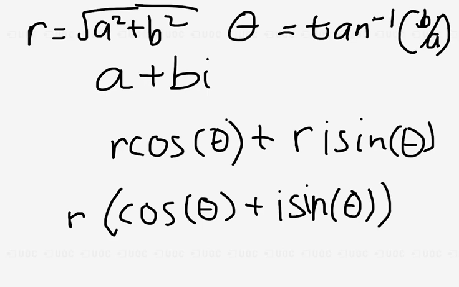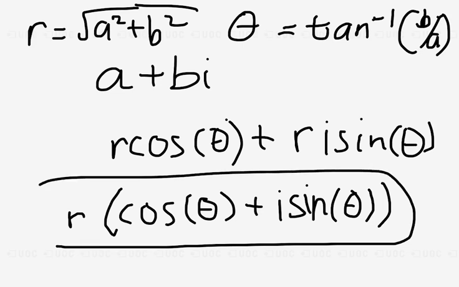I haven't substituted r and theta yet, but I will soon. If you look at this, cosine theta plus i sine of theta is actually Euler's formula. This thing is equal to e to the i theta, and I will prove that in a later video.